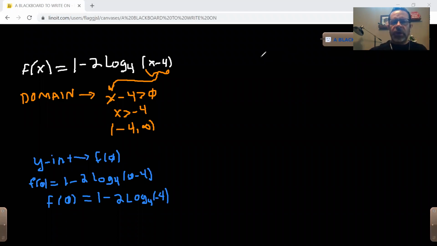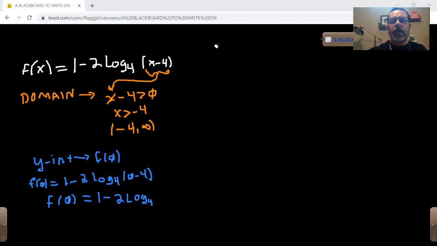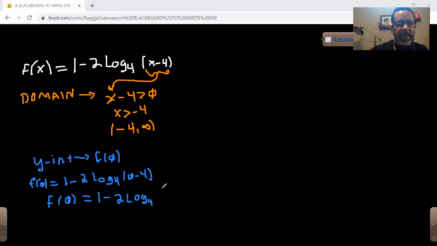But before we move on, let's look at something here. We've got the minus 2 logarithm base 4 of minus 4. So what happens there? Can that be calculated? No, it cannot be calculated because it is a negative number inside a logarithm.